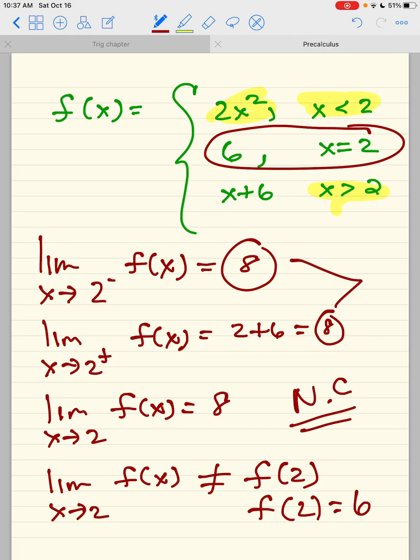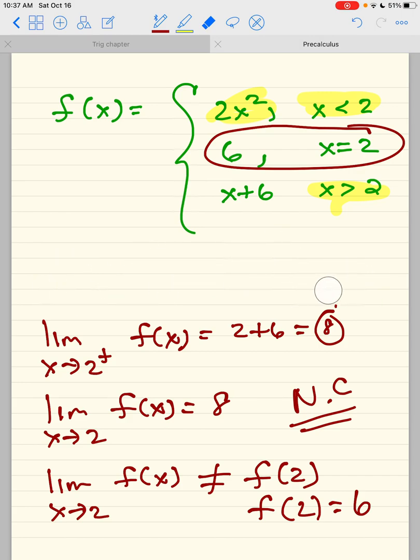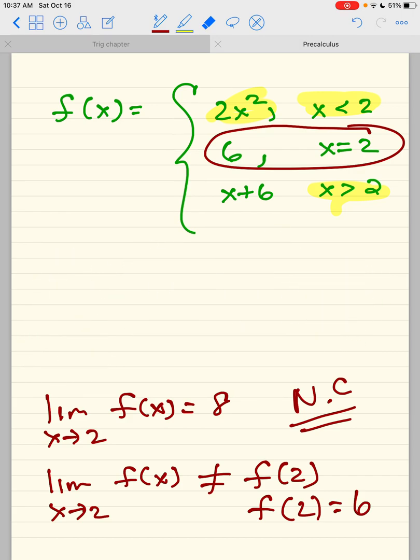That means when you go to graph it, if I may, I'm just going to erase this. You guys can pause the video if you're jotting down some stuff. That means when you get to the number 2 and you go to the number 8, there's a hole in the graph. This looks like a parabola. I really don't care.